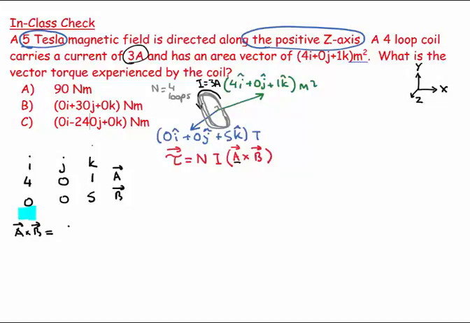So that's 0i. There's no x component in this cross product. And then you always put a negative operator down when you're dealing with the J column.